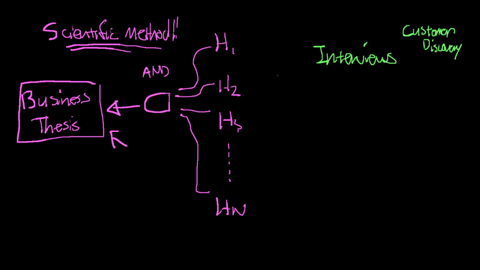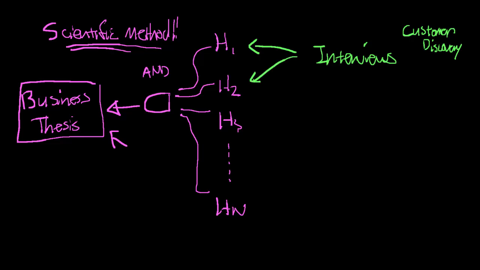You are supposed to start out with a complete blank slate, go out and talk to your customer segment, and then through that discovery process, you define who your target market is, and then come up with your business thesis. In this case, we're going to go straight to having a business thesis for the sake of time, but we are going to look at interviews as a potential way to prove out some of these hypotheses.